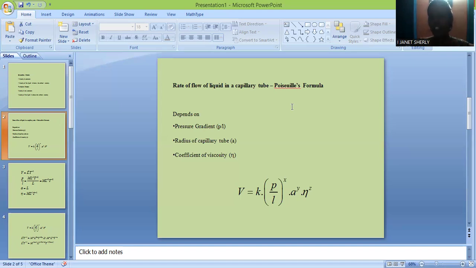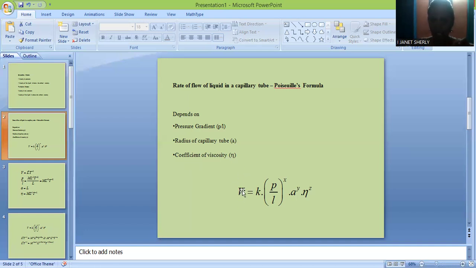Now I need to calculate the rate of flow of liquid in a capillary tube, and this purely depends on the pressure gradient P by L, the radius of the capillary tube A, and the coefficient of viscosity eta.